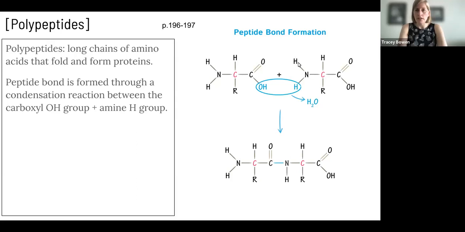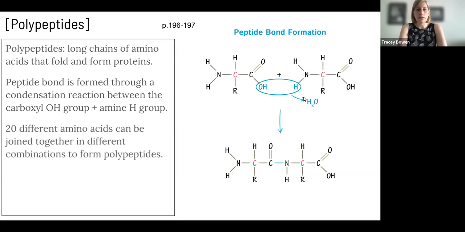The amine group is this NH2, and the carboxyl group is this C double bond OH group. Carboxyl groups are acidic and amine groups are basic, and so amino acids are amphiprotic, meaning they have an acidic and a basic end.